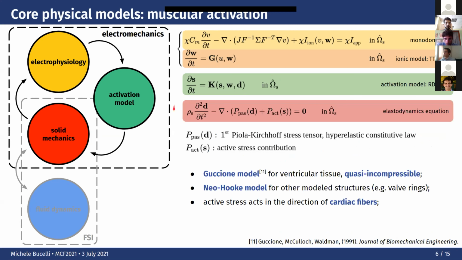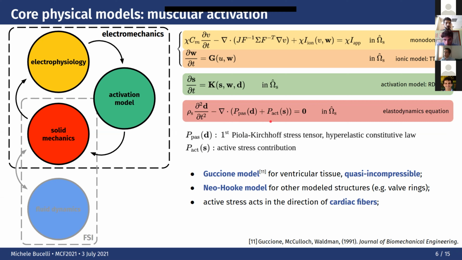Now, the activation variables S are fed to the solid mechanics model. This is represented by means of the usual elastodynamics equation. Here, the stress tensor is additively decomposed, as is often done in the literature, in two terms, the passive term and the active term.